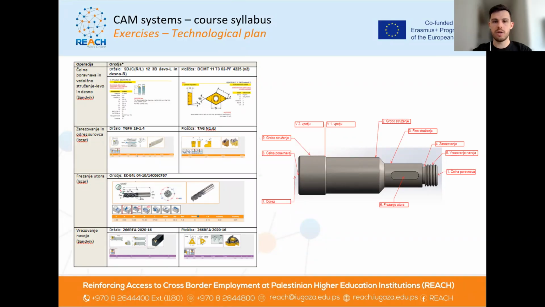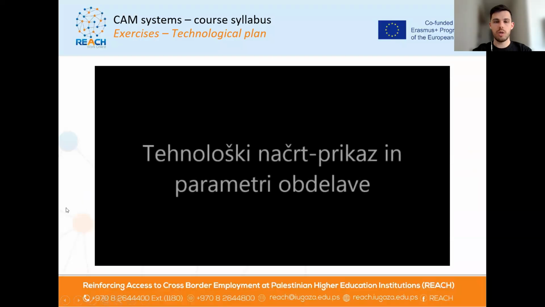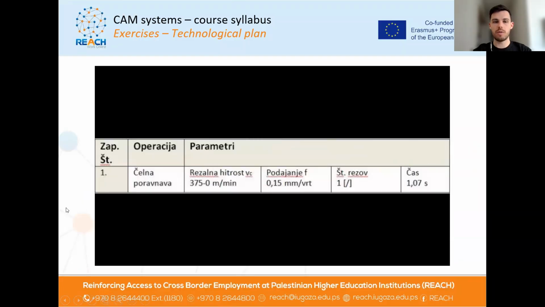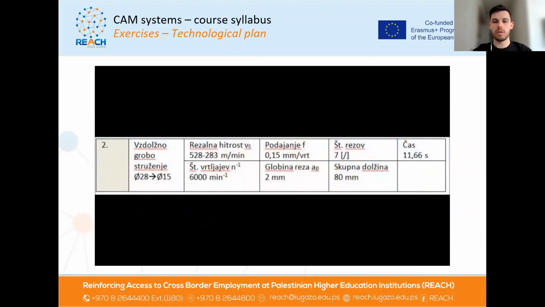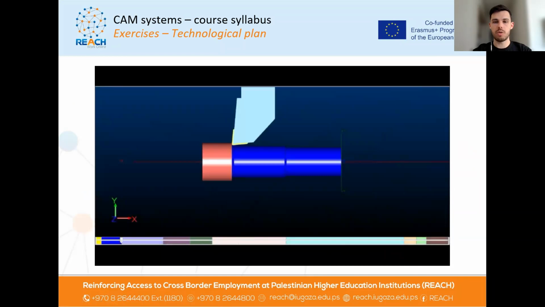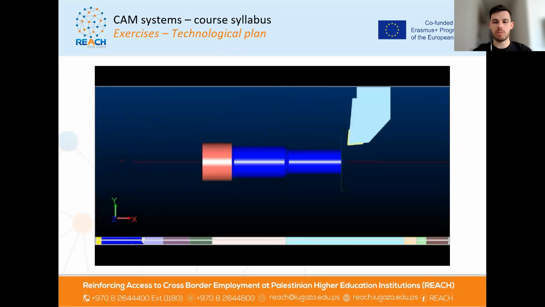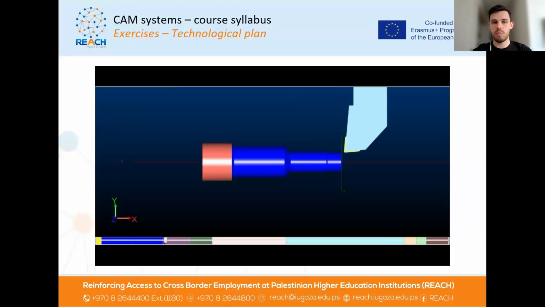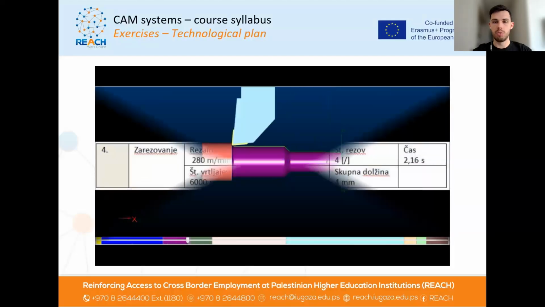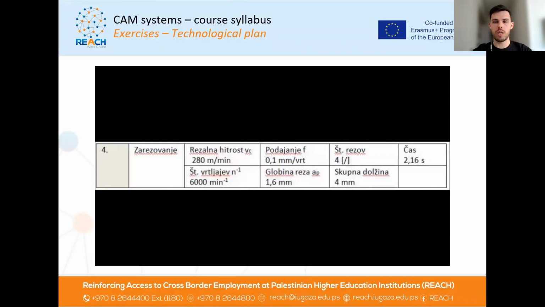And at the end of this technological plan exercise, they need to create, based on all of the operations shown here, a CAM programming. So for every operation they will show how this is done on the real CNC machine. So they are making this kind of proof that this can be done with this kind of tools and everything.